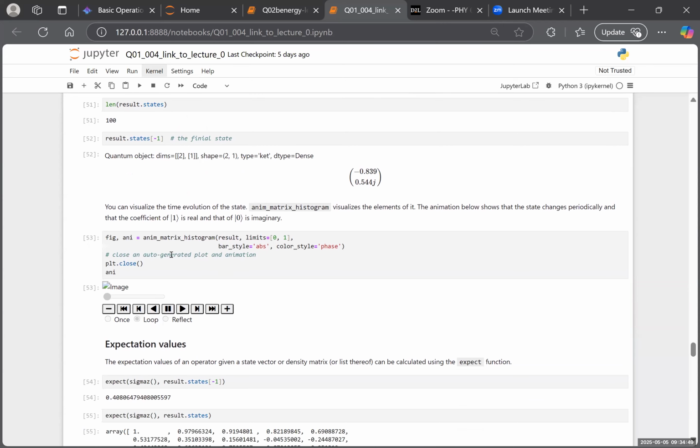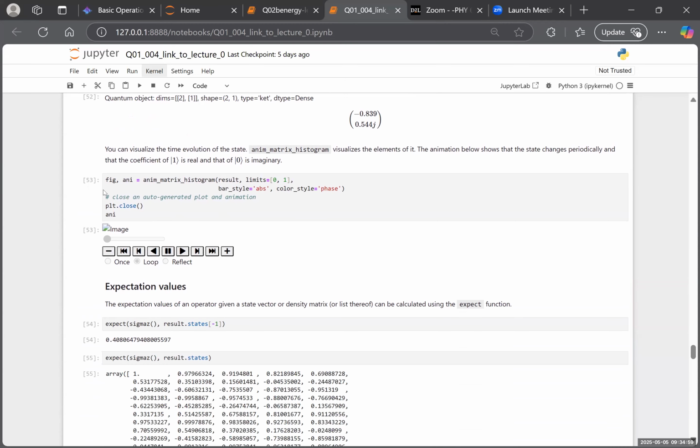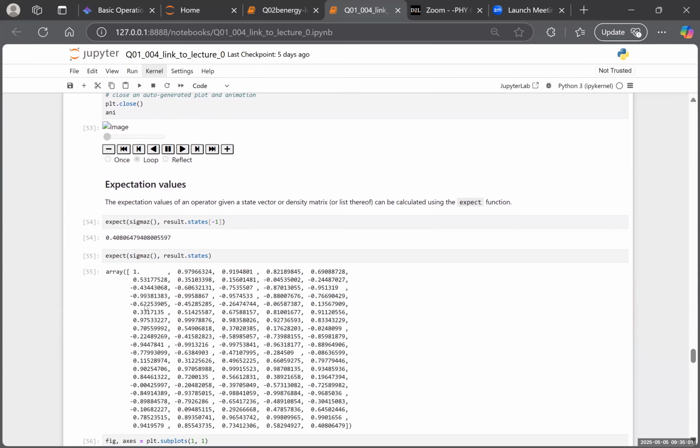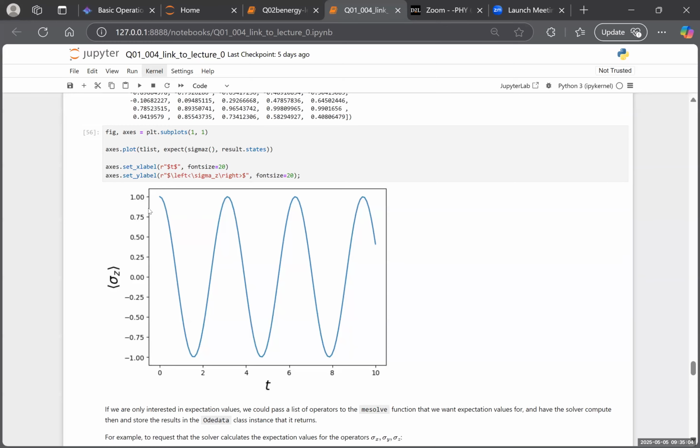And you can actually animate that. I think I did not have this image, but you've seen that last time. You can calculate the expectation value. You plot the expectation value of sigma z as a function of time.